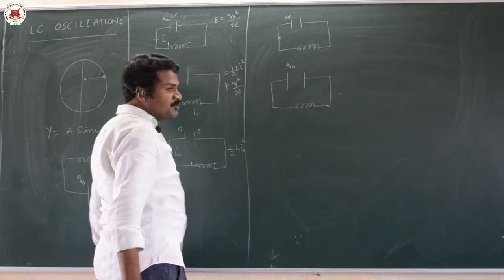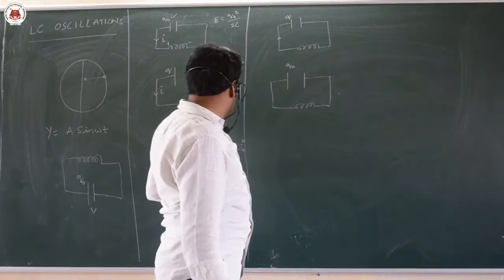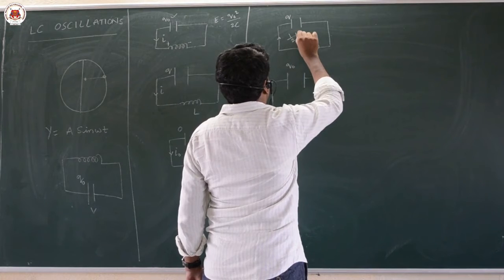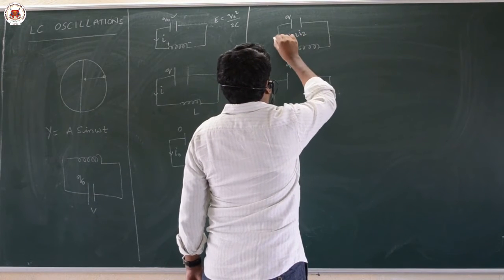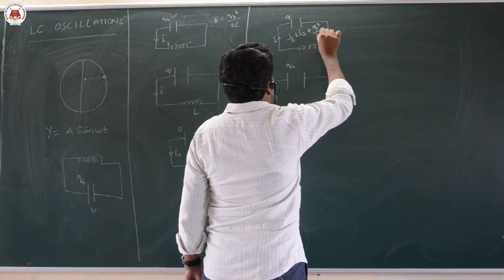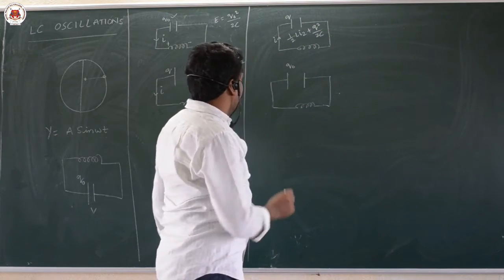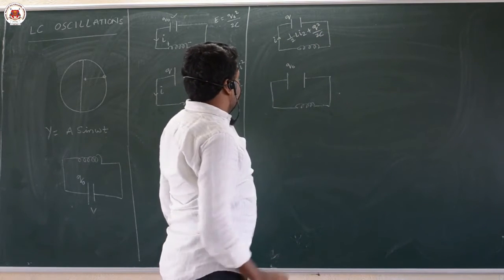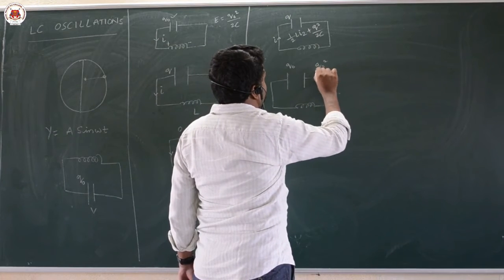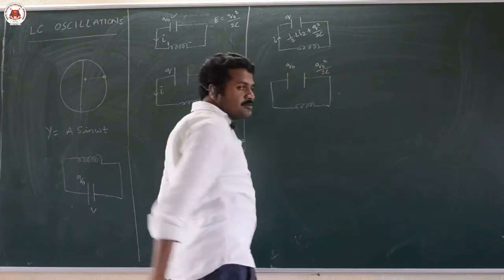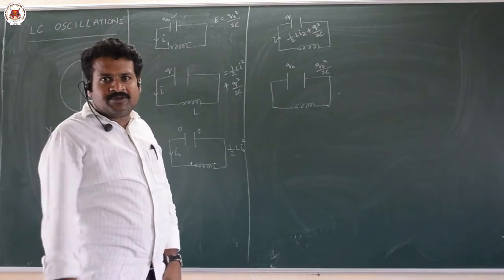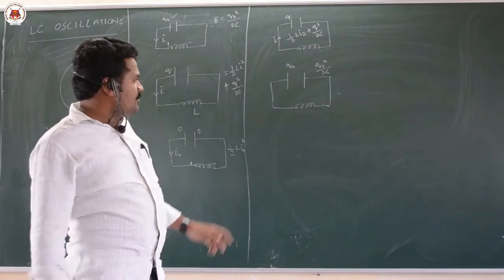Then afterwards again both will have energy, half L i square plus Q square by 2C. After some time the charge reaches Q naught, with energy Q naught square by 2C. Now the current becomes 0.